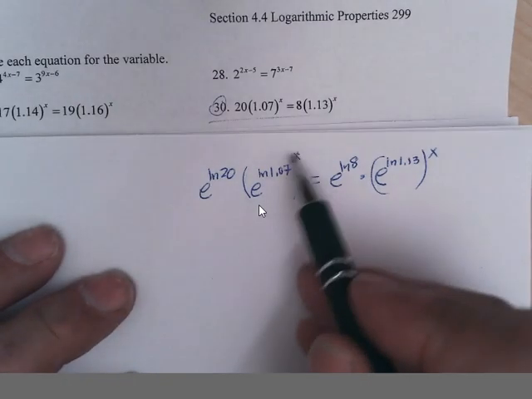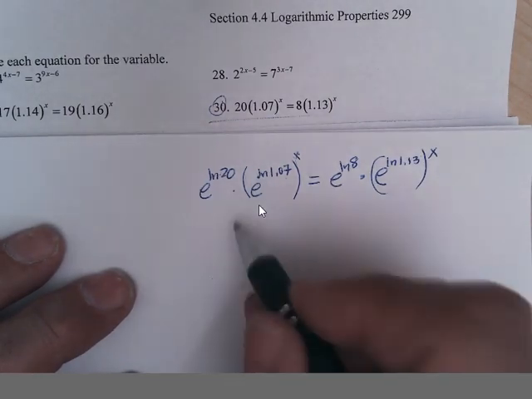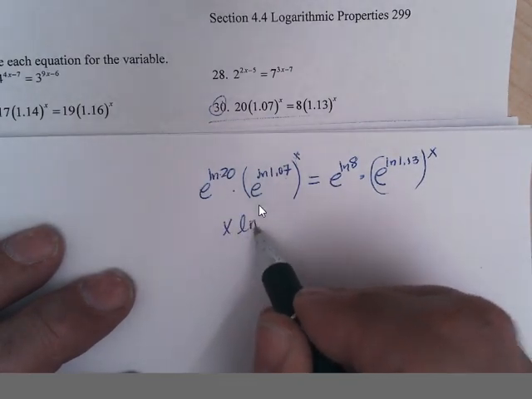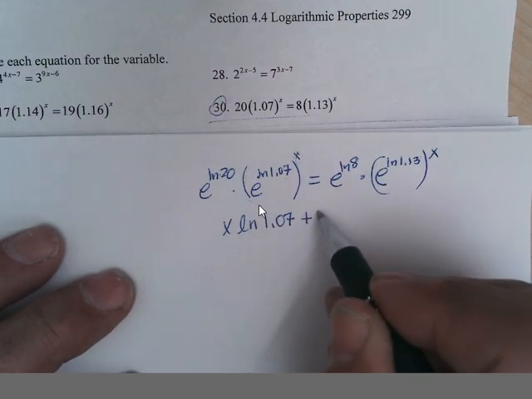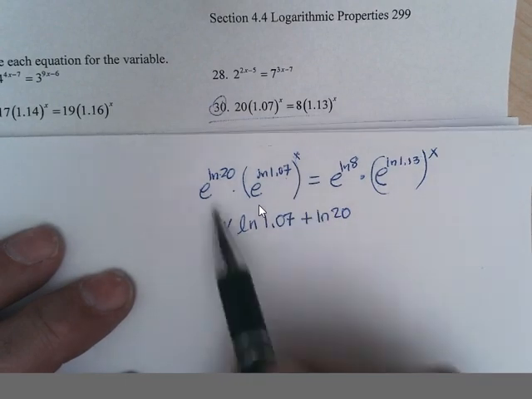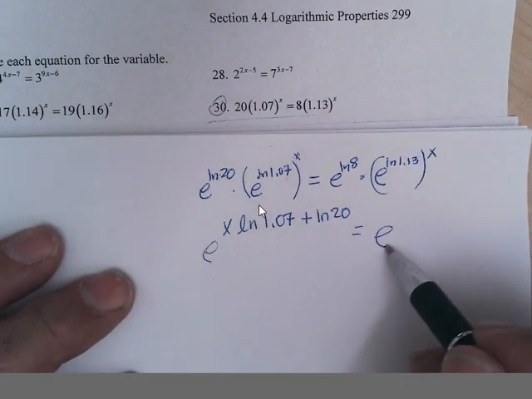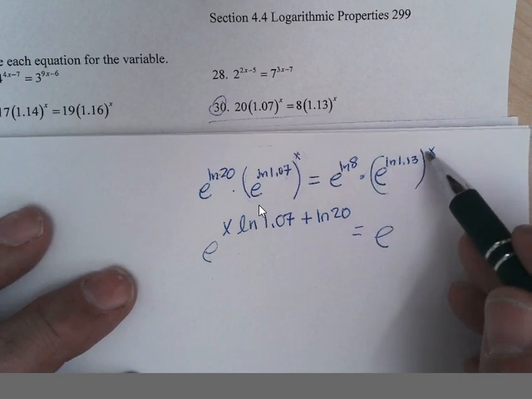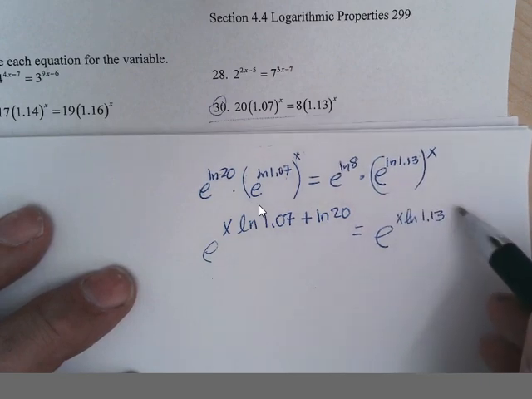And so the x comes down times this, and when we're multiplying we add, so we have x ln 1.07 plus ln 20, that's the power of e on this side, equals e to the x times ln 1.13 plus ln 8.